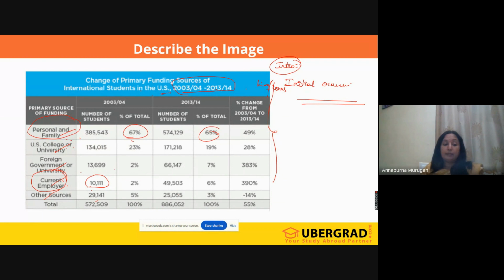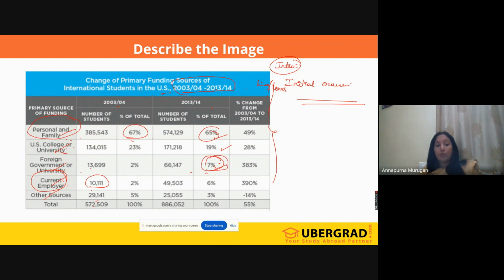Okay, and if you want, then later on we can give one final overview. What is the final overview we have? You can see that the percentage of funding is decreased every time. Okay, here it is increased. Foreign government. So yes, over a decade, it is observed that the foreign government or universities sponsorship has increased.